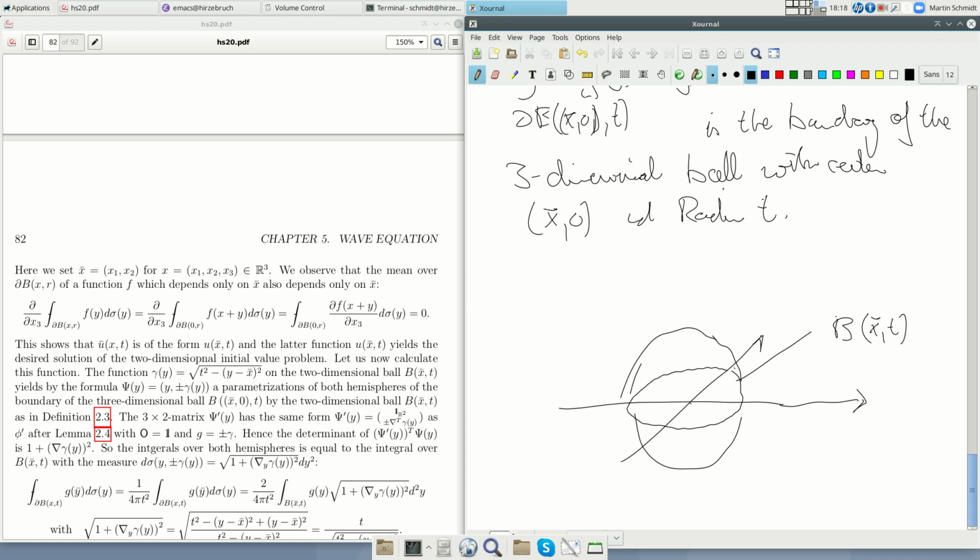We parameterize these hemispheres by the map phi, which maps this two-dimensional ball to the boundary of the three-dimensional ball.